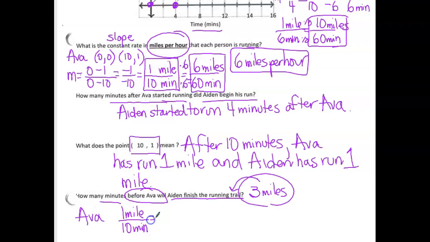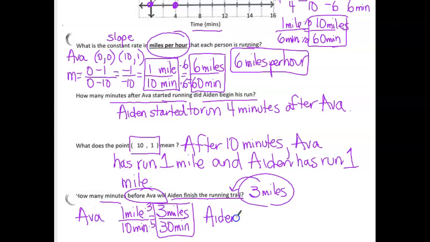So I'm going to use that idea of an equivalent fraction again. If I want to know 3 miles, this time I put it on the numerator. I'm trying to find out the denominator. 1 mile times 3 gives me 3 miles. So 10 minutes times 3 would give me 30 minutes. So Ava runs 3 miles in 30 minutes.